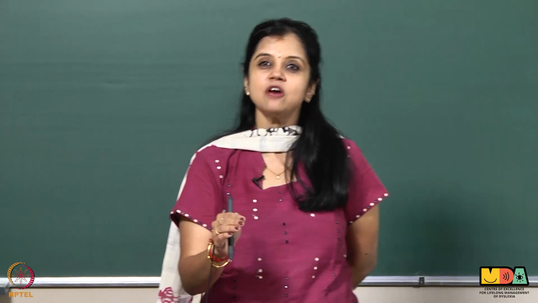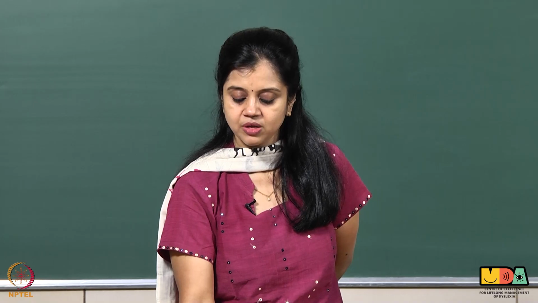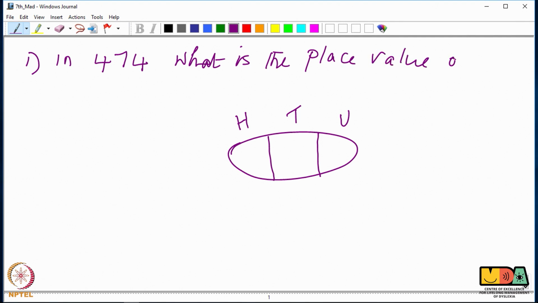Let us take 3 or 4 numbers and see if it helps them find the place value. First, in 474, what is the place value of 7?